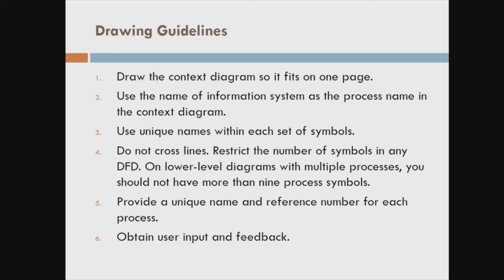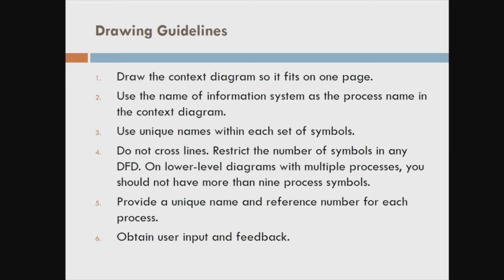Restrict the number of symbols in any DFD. Do not use too many symbols. On a lower level diagram with multiple processes, you should not have more than 9 process symbols, so it is easy for you to understand your system. And provide a unique name and reference number for each process, so it is easy for you to look back on the processes.